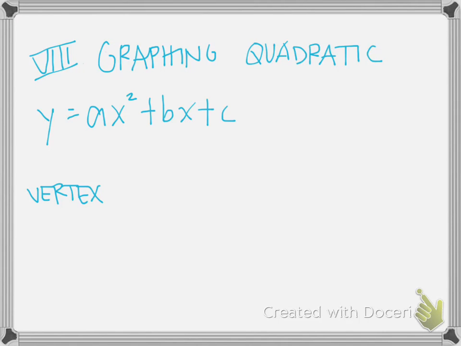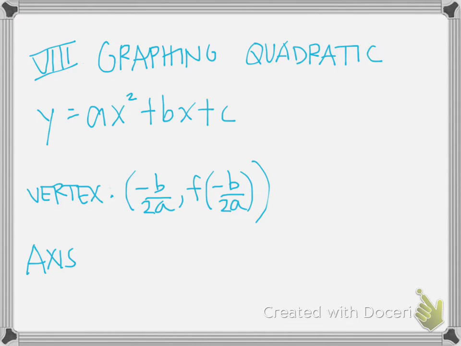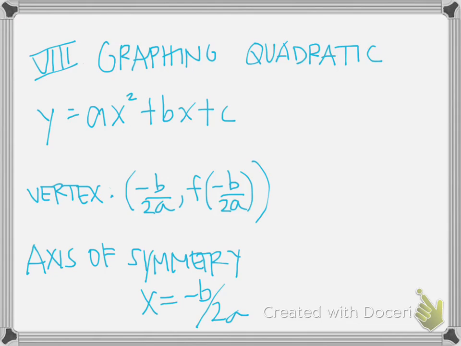Remember, the vertex is negative b over 2a, and then the function evaluated at negative b over 2a. Remember the axis of symmetry. It's just going to be the x part of the vertex, so it's negative b over 2a.